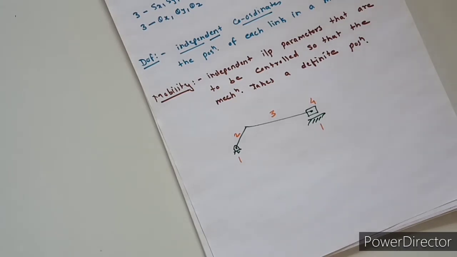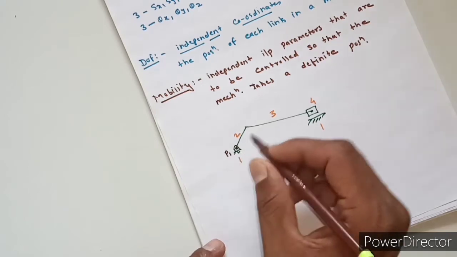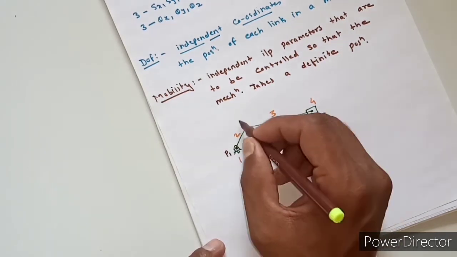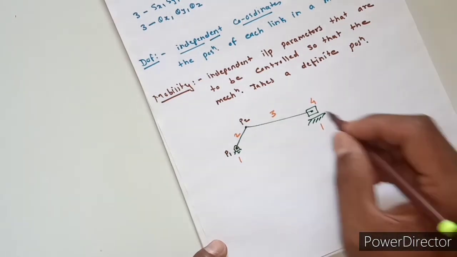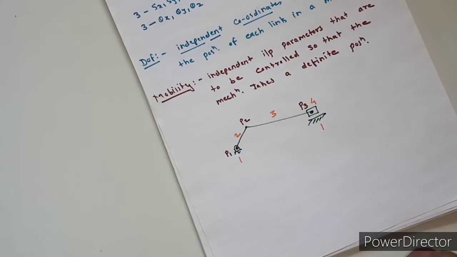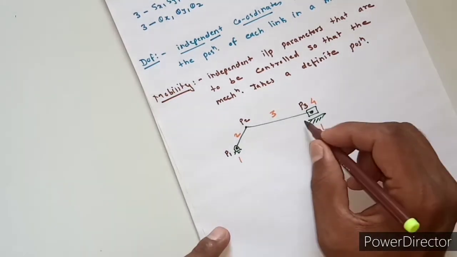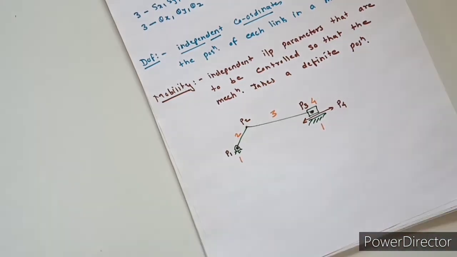Now in this, there are 4 pairs. P1 is the turning pair between link number 1 and 2. P2 is the turning pair between links 2 and 3. And P3 is the turning pair between links 3 and 4. And P4 is the sliding pair between link number 1 and 4.